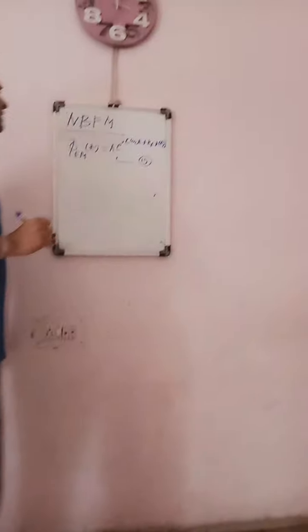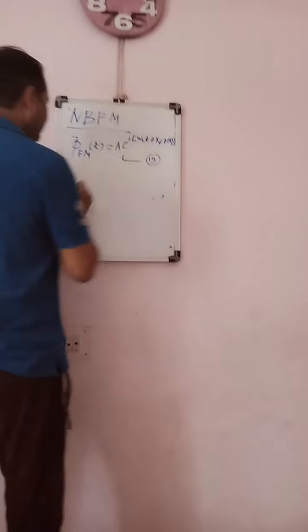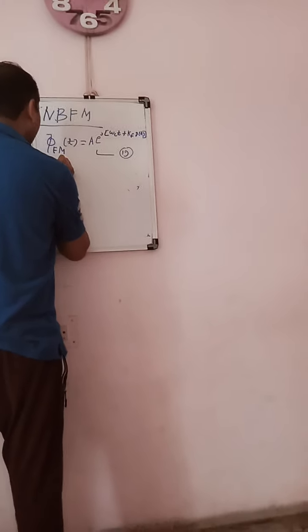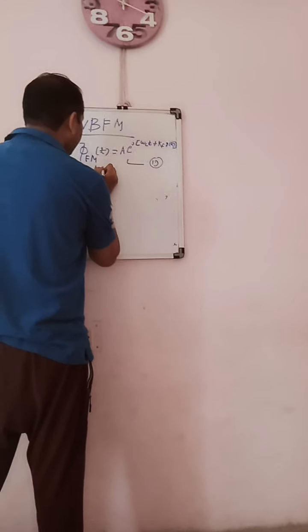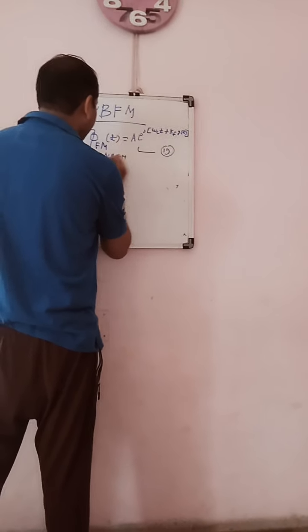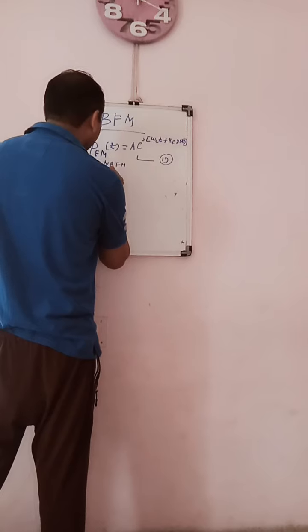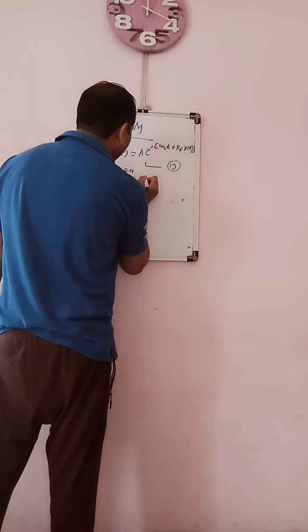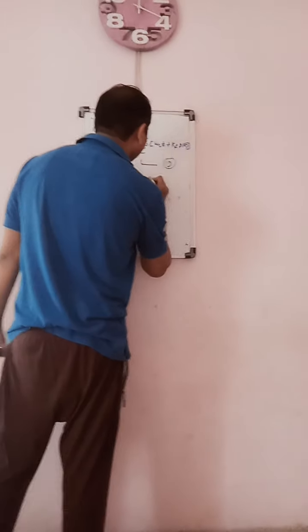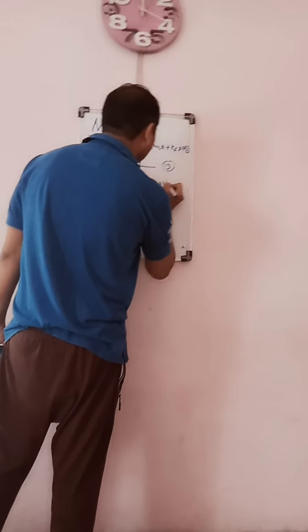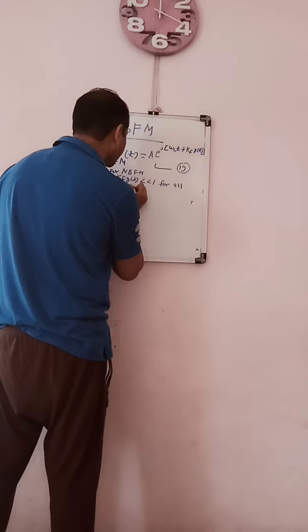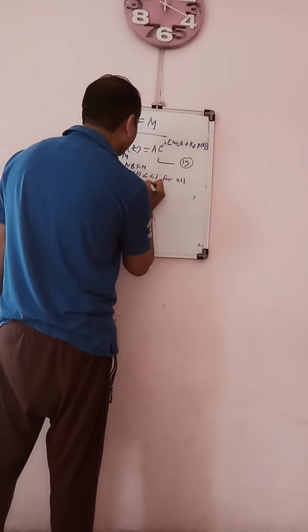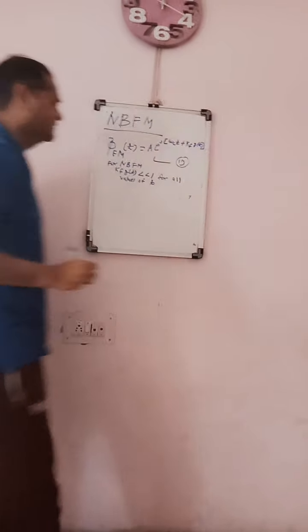So in this expression, as we are discussing the narrowband FM, here the value of kf g t is very much less than 1 for all values of t, right?